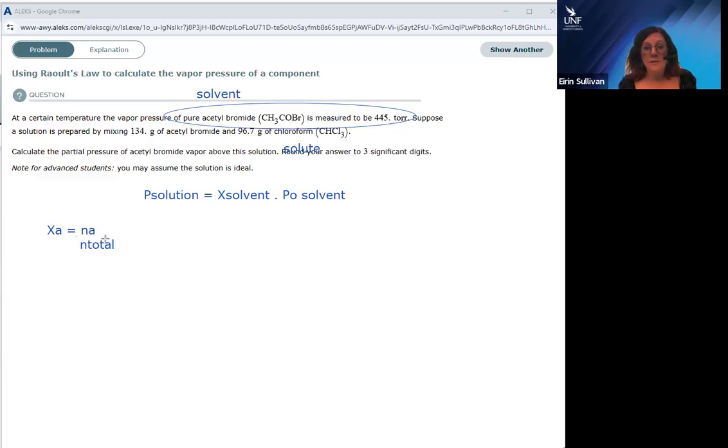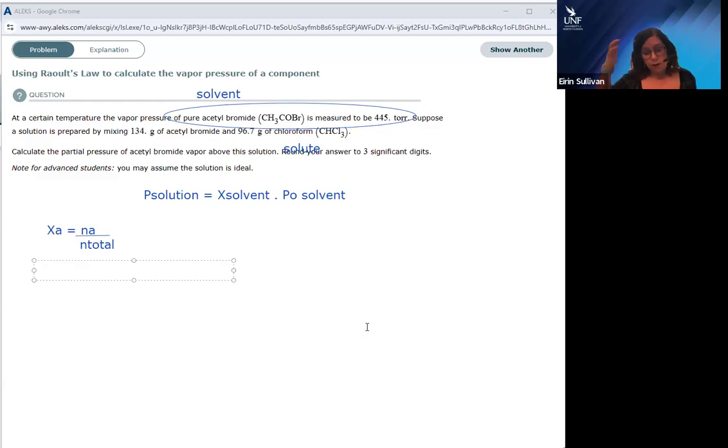So what we're going to have to do here is calculate the number of moles of acetyl bromide in 134 grams, and the number of moles of chloroform in 96.7 grams, add them together to get the total number of moles, and then we can calculate the mole fraction of our solvent, the acetyl bromide. I'm going to assume at this point you know how to calculate molar masses, because that's a Gen Chem 1 thing. In fact, I should probably assume you know how to calculate the number of moles in 134 grams, but we're going to go ahead and do it.